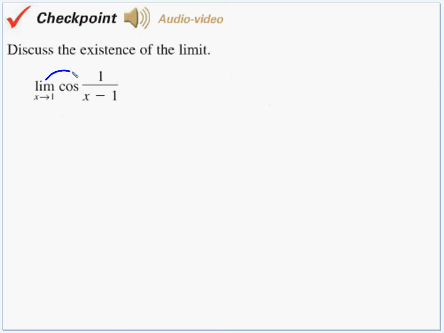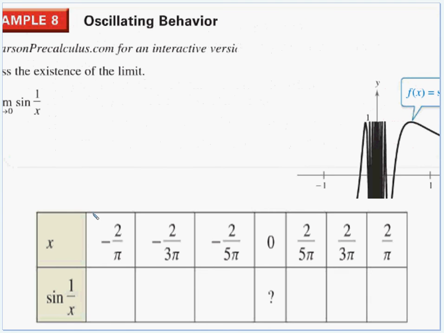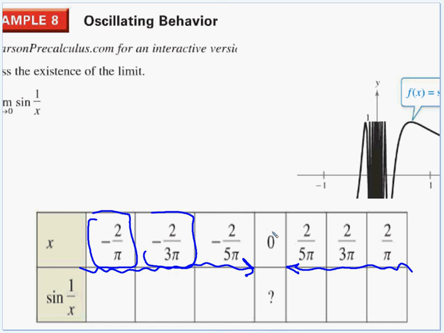It's a cosine function, and we're approaching that number, that 1, from both sides. That's going to tell us it's going to be oscillating behavior. We'd have to carefully select our very specific x values like we did here to get that to work. But again, just like in the example, we see as we get closer to that number that causes division by 0, here we were approaching 0 because that's what would cause our division by 0 in example 8.